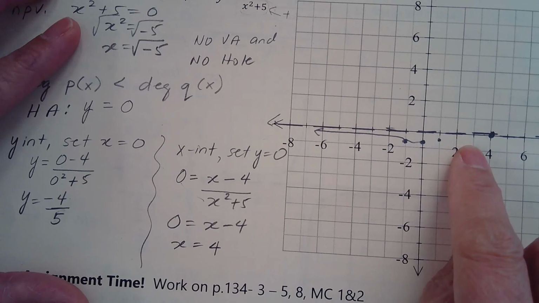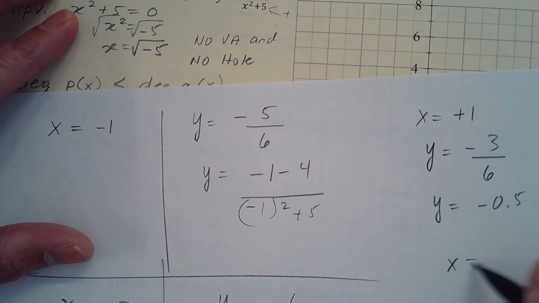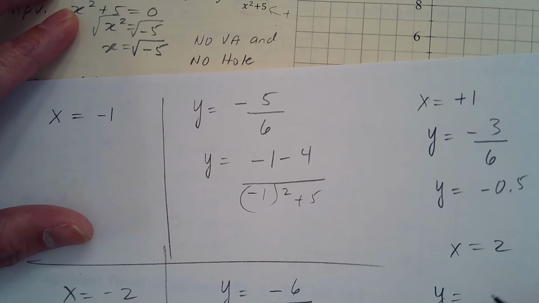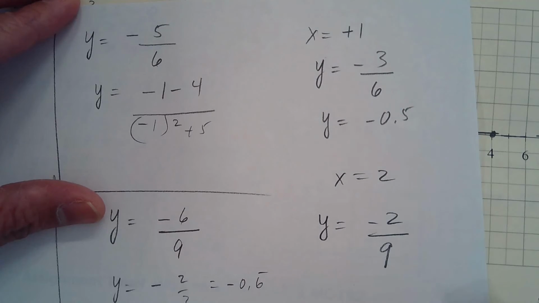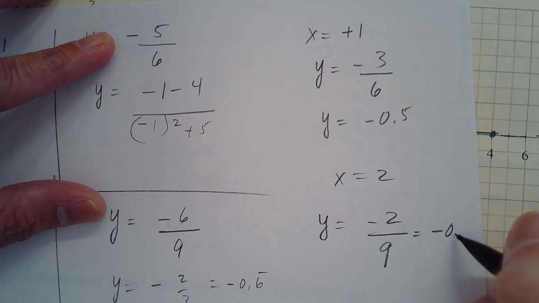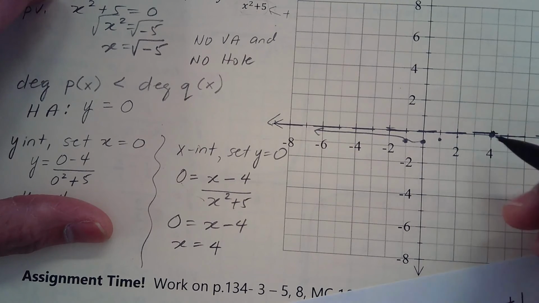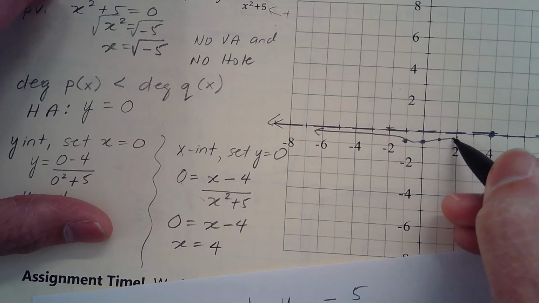If x is 2, what would happen? If x is 2, that would be -2 over 9. Yeah. So that's going to be -0.2222 repeating, right? It's going to get like this.